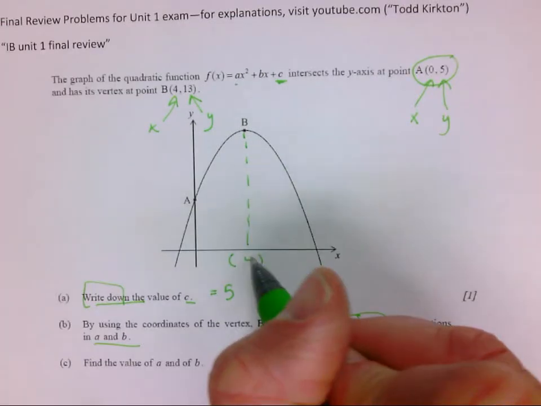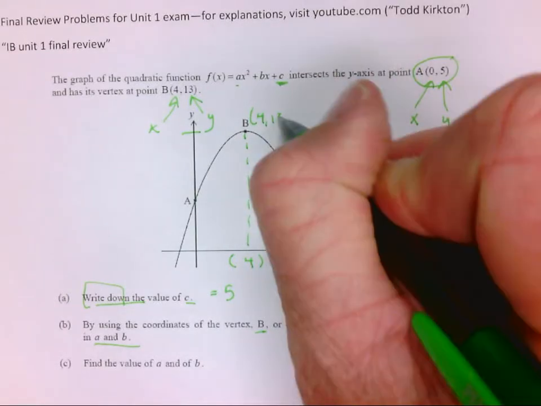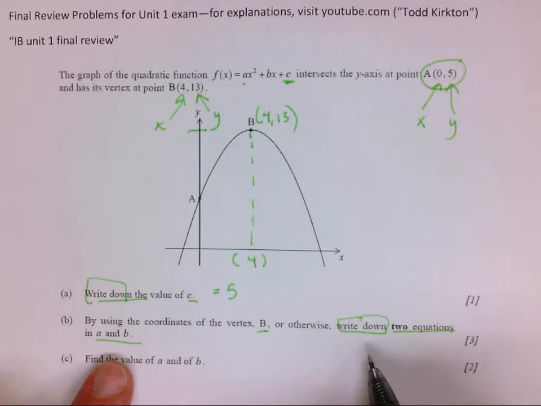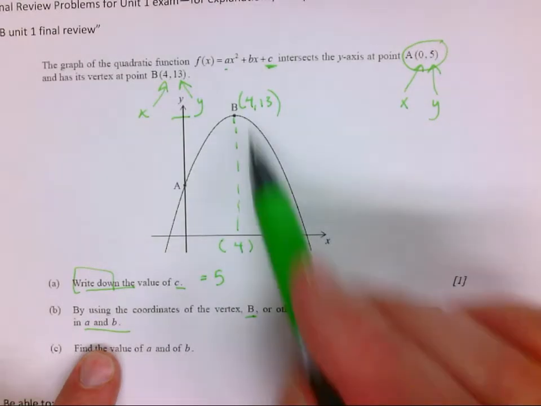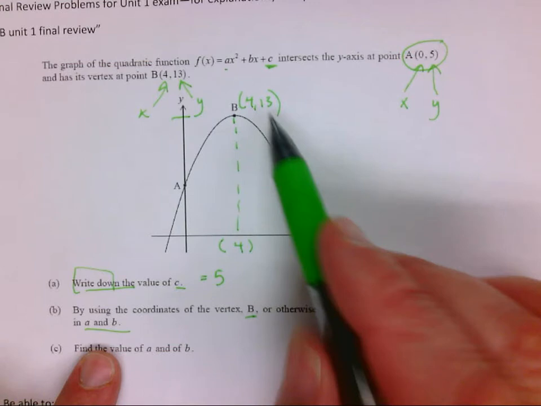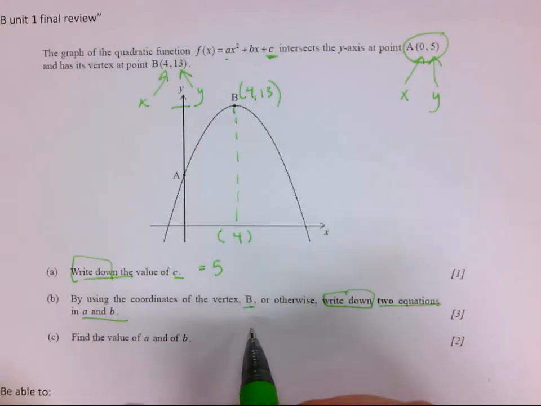Well, I know one equation is if I plug in my point. So I'm going to move this up here. f(x) equals ax squared plus bx plus 5. So I have that one equation.